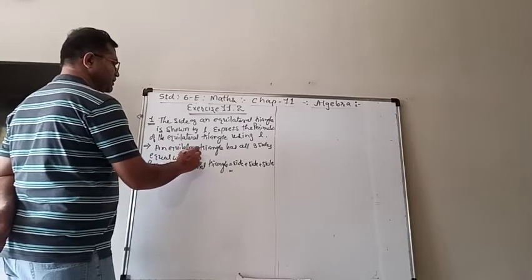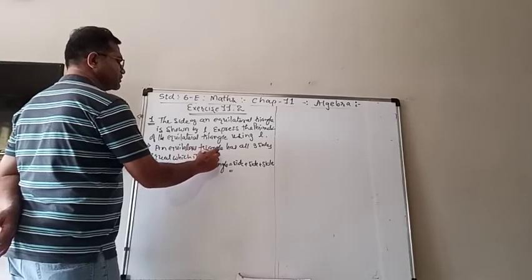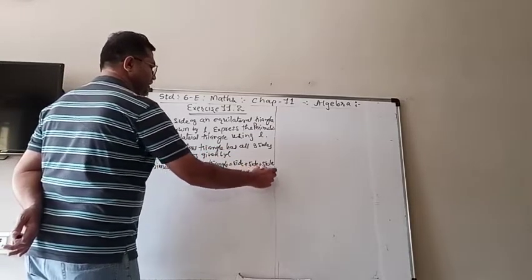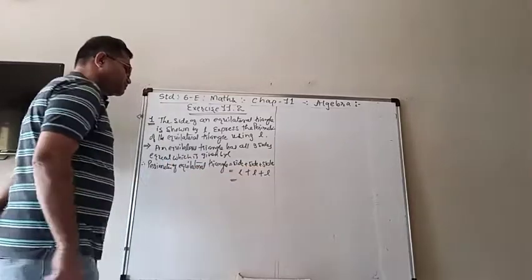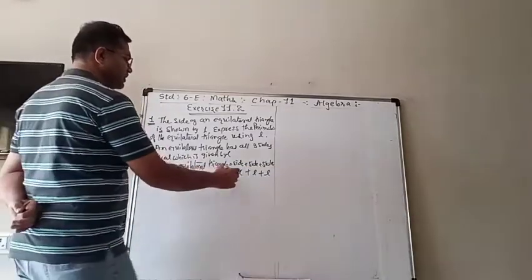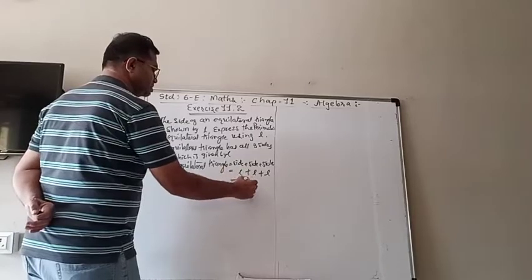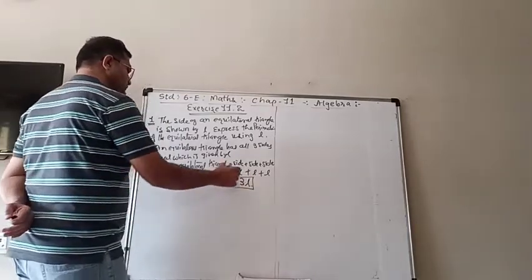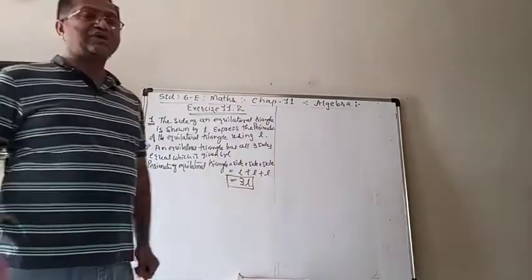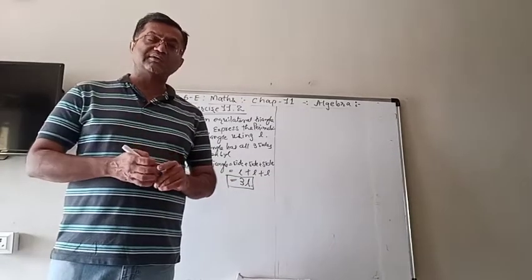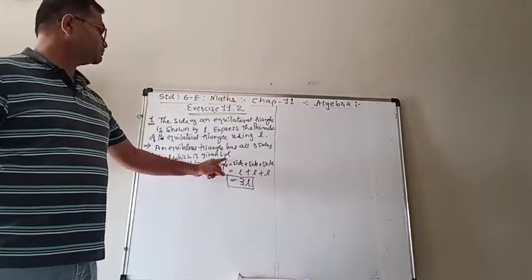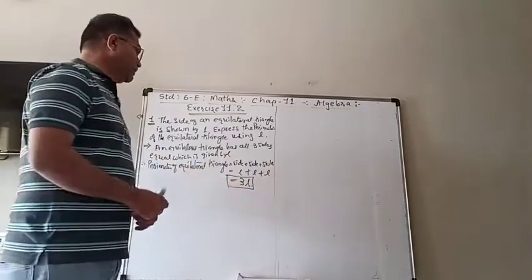All the sides are L, so L plus L plus L. In short we can write 3L. So the perimeter of an equilateral triangle having side L is given by the formula 3L.